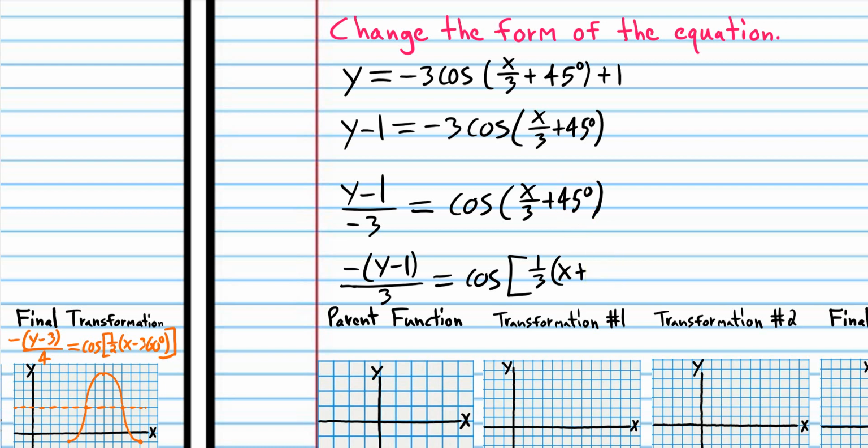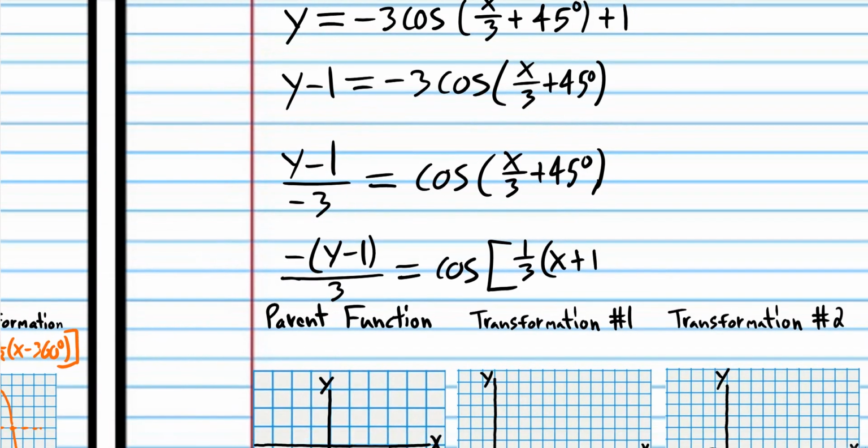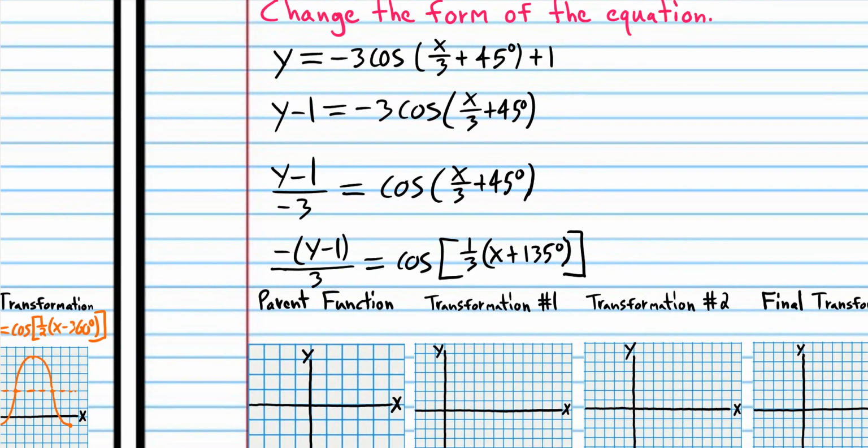It should be 3 times 45, which is 135 degrees. I know that's very strange that it gets bigger. But if you want to see why that works, multiply 1/3 by x, you get x/3. Multiply 1/3 by 135 and you get 45.